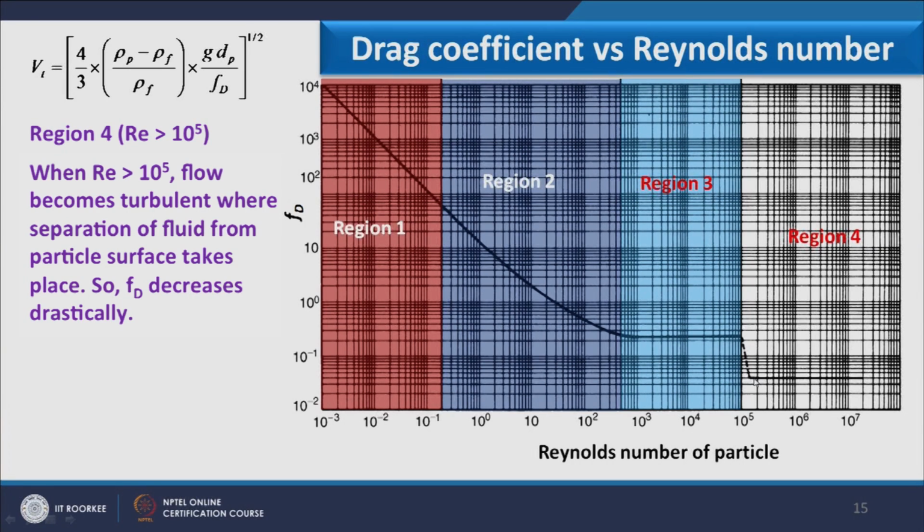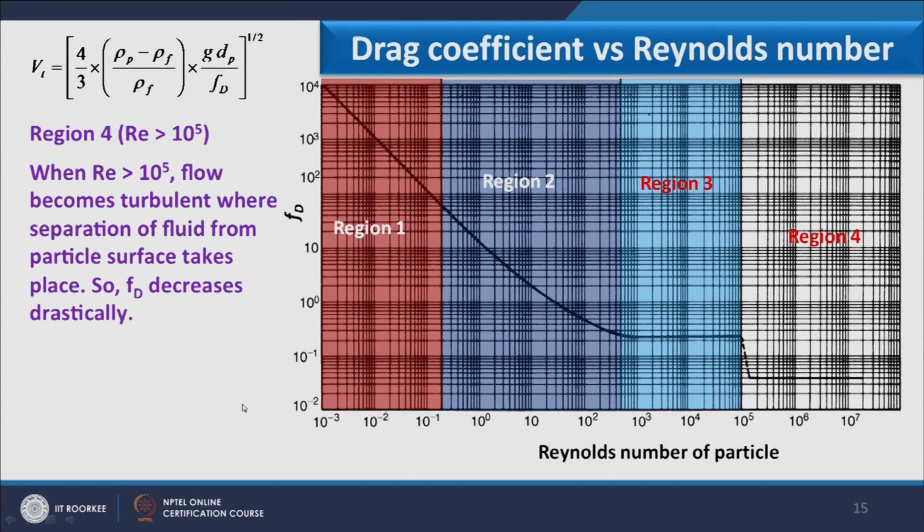When the velocity of the fluid is very high, as it passes over the particle, it will pass at a distance from the particle surface. It means it will not touch the particle surface; it moves away from, or beyond, the particle surface because the velocity is significantly high. For example, when I consider a particle like this, the flow will move like this.